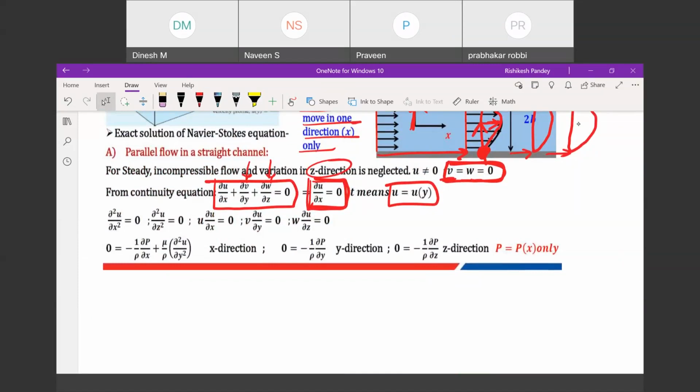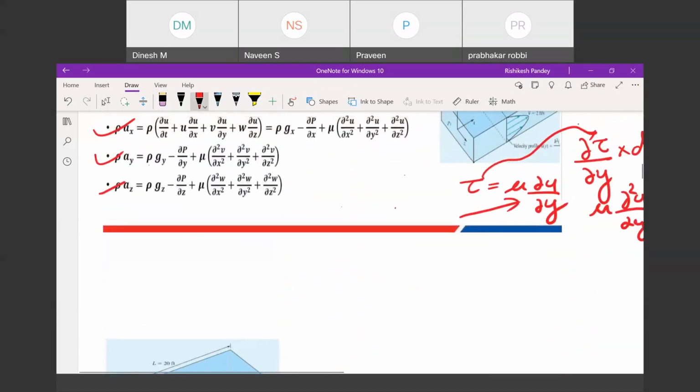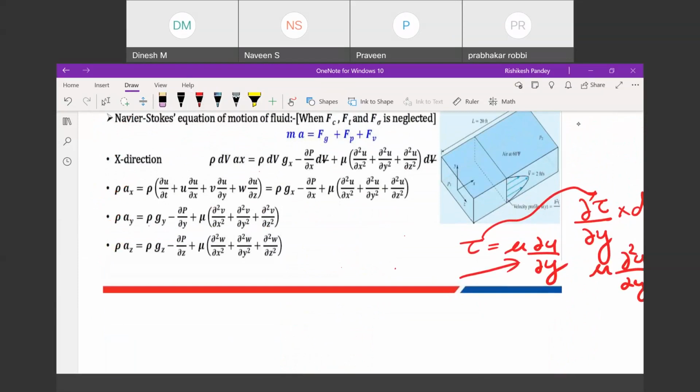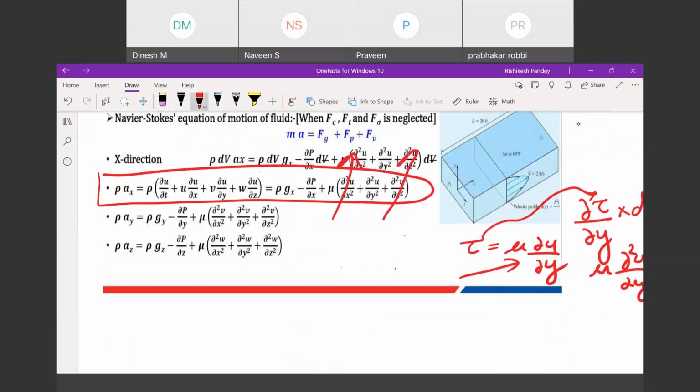First thing is this x direction. Quickly I will just tell you. This is our x direction equation. This was 0. Gravity in x direction, we are not considering, because gravity only in y direction we are considering, so gravity in x direction it is 0. Now steady flow, so this is 0.